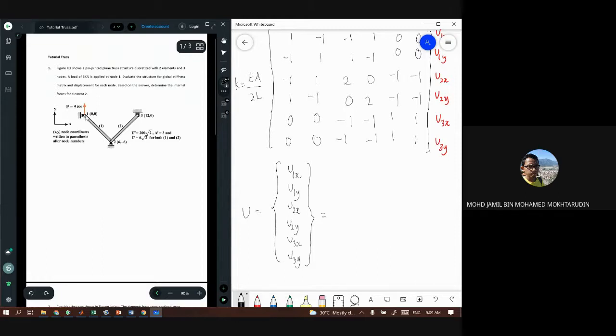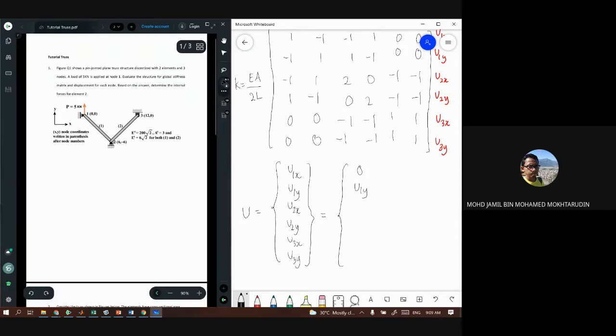So you have u1y, but 0 u1x, because you cannot move it in the x direction. So we have 0 here, and then u1y.